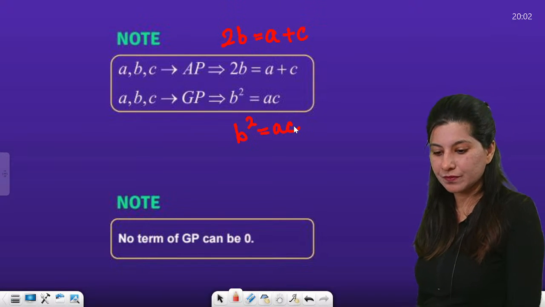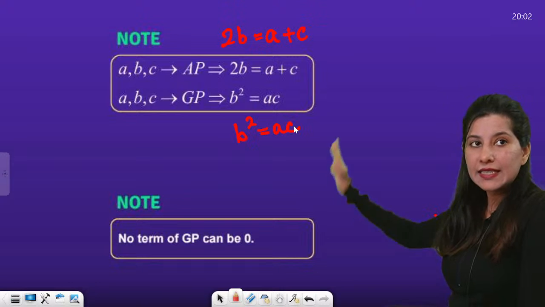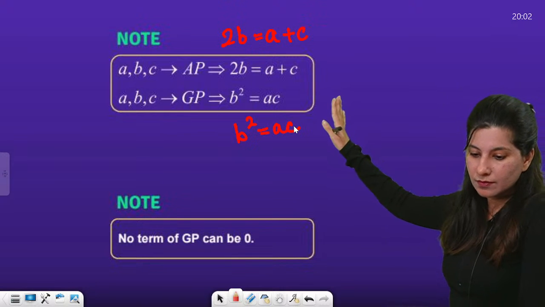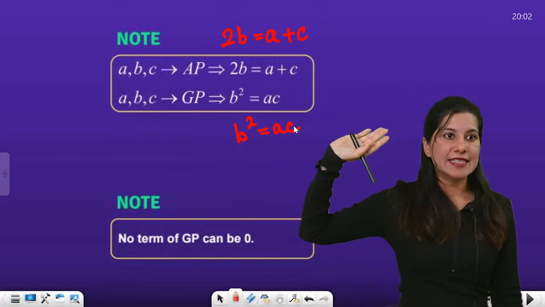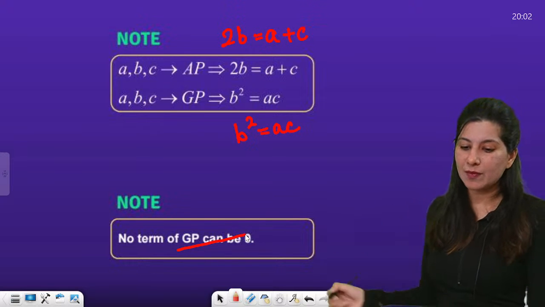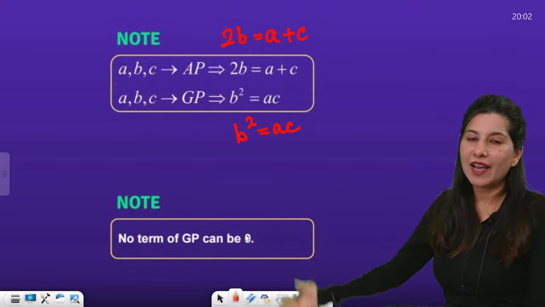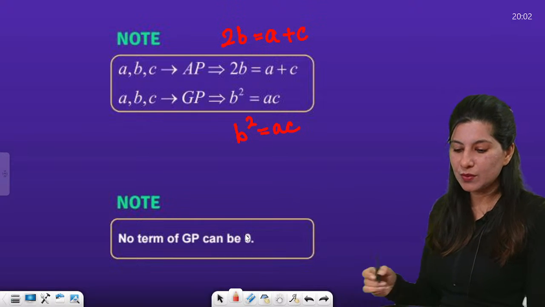Clear? I hope this is clear to you. Yes, I already told you, no term of a GP can be 0.